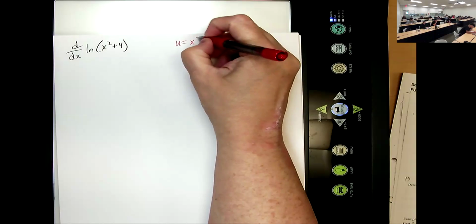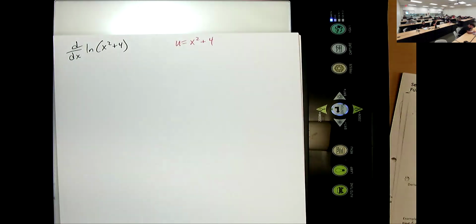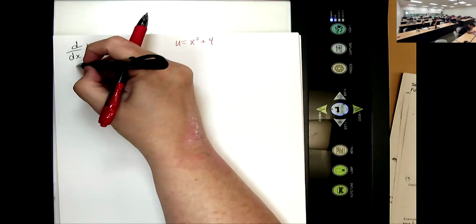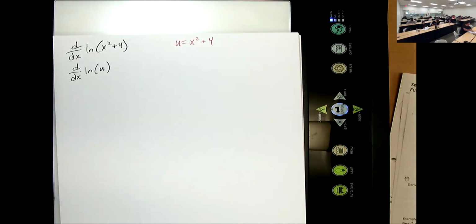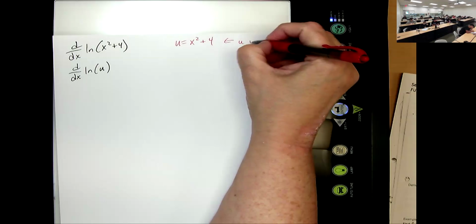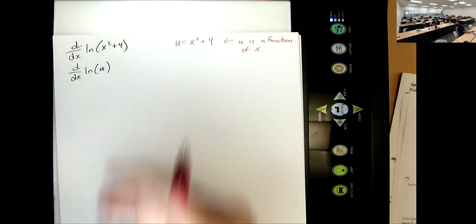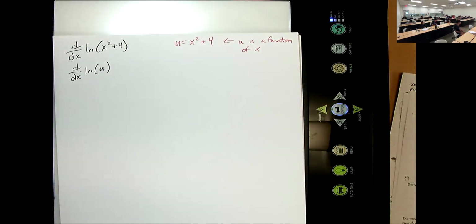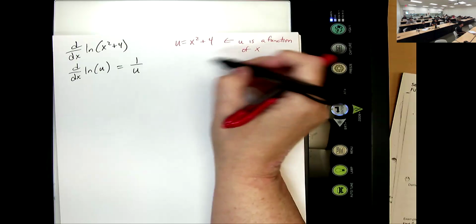I'm going to say u equals x squared plus 4. So this becomes the derivative of the natural log of u. And so we can see here u is a function of x, which means when I take the derivative, I get 1 over u, and then this is the implicit differentiation.